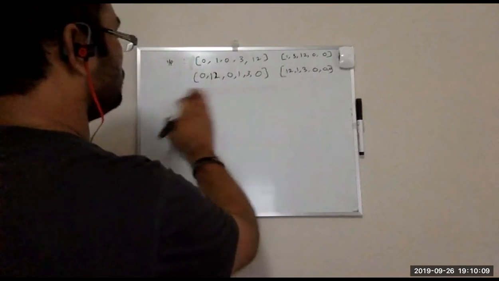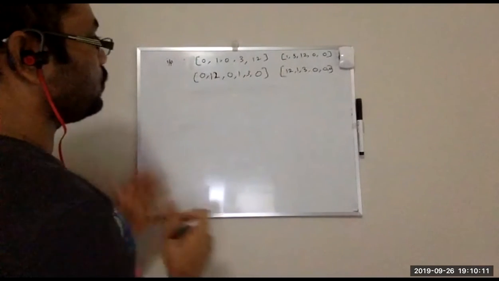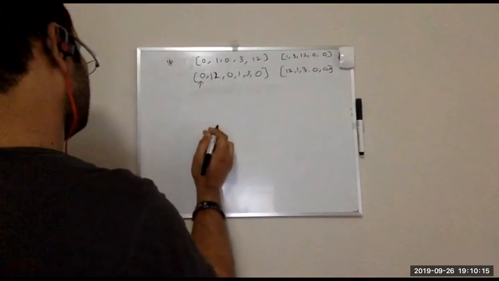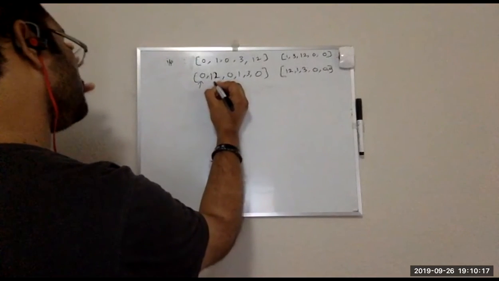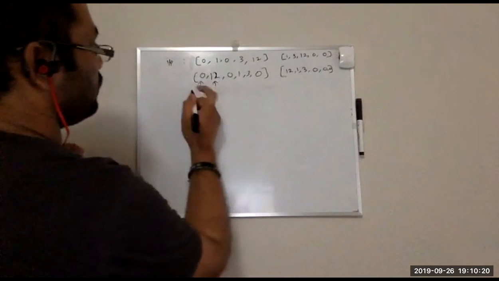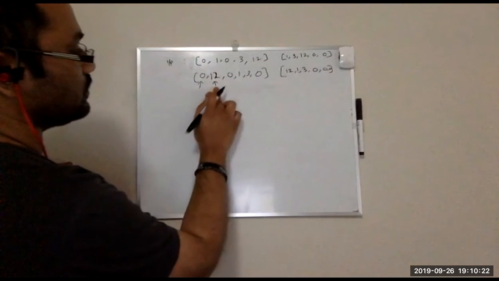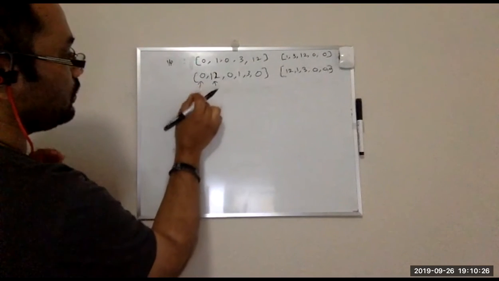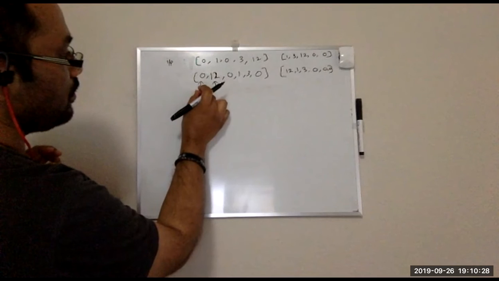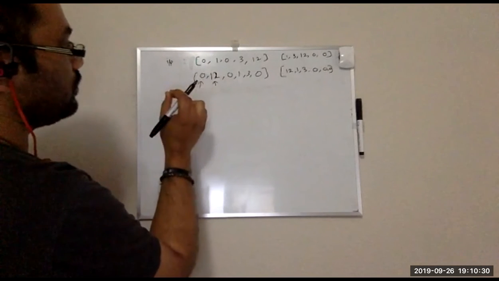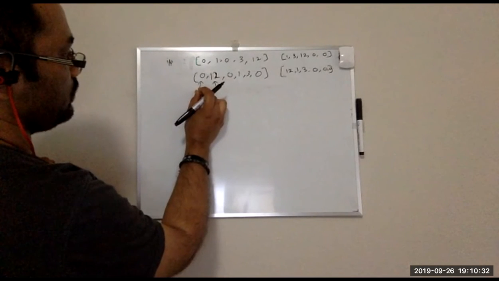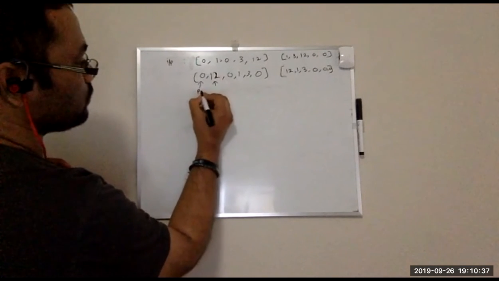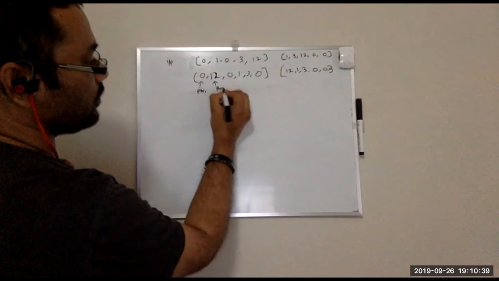Okay, we will have two pointers, here in the 0th position and the 1st position. Say this one is pointer 1 and this one is pointer 2.